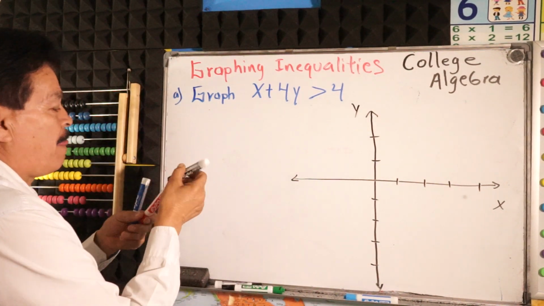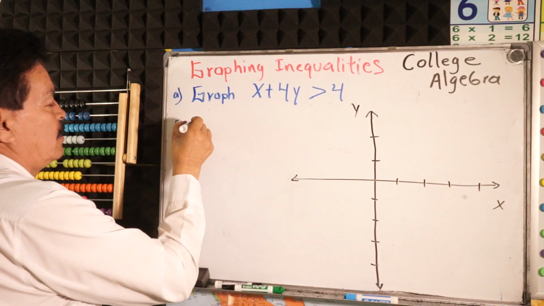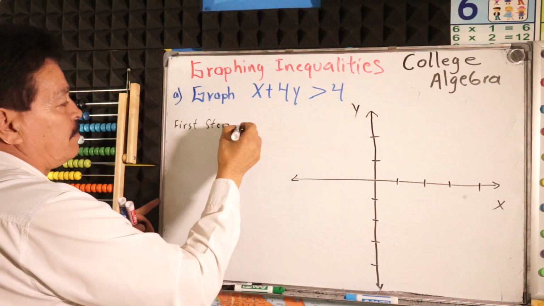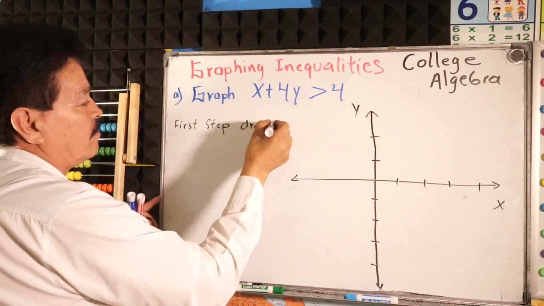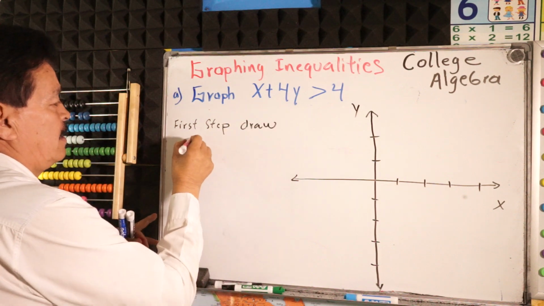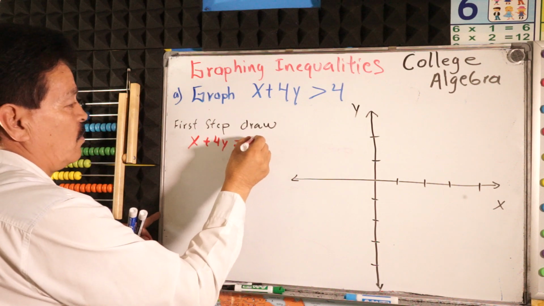So draw the first step, x plus 4y equals 4.